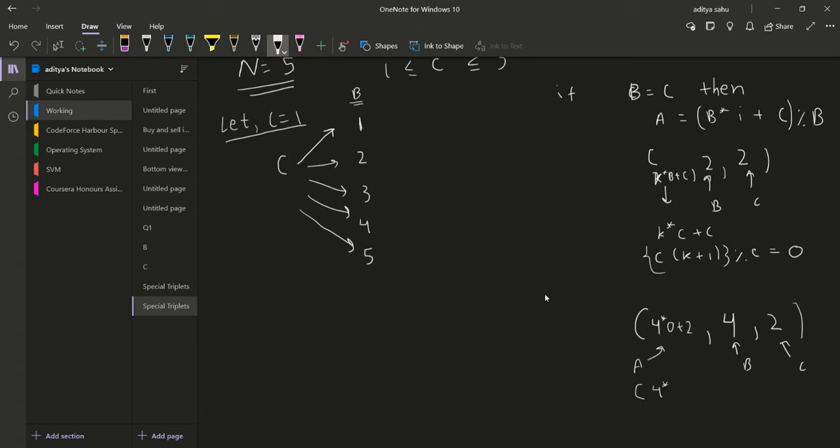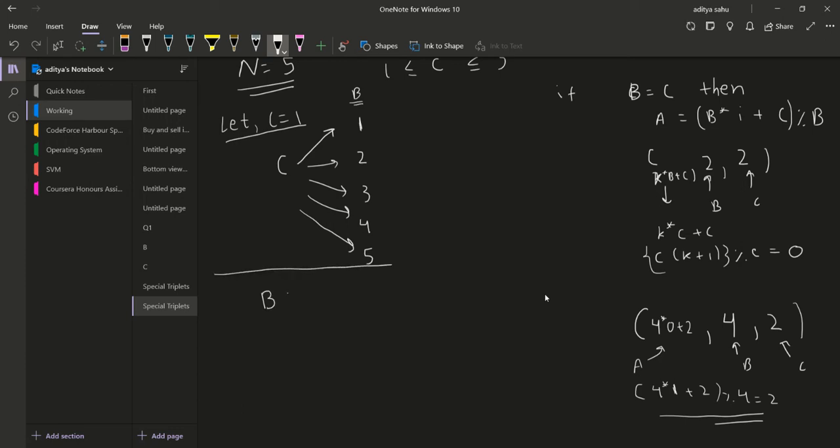So I will be able to do 4 times 1 plus 2. This will also give me remainder 2 if I modulo it by B, which is equal to 4, this will also give me 2. So note that for a given C value, I can have only valid ranges of B value which is greater than C. So let me just write it here.